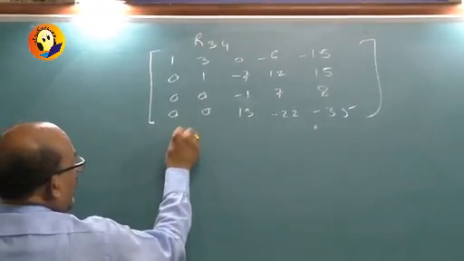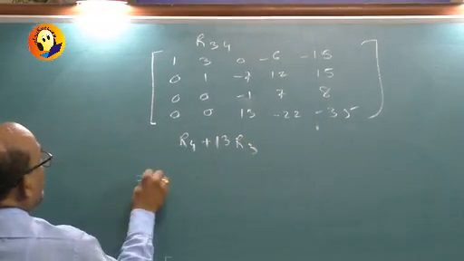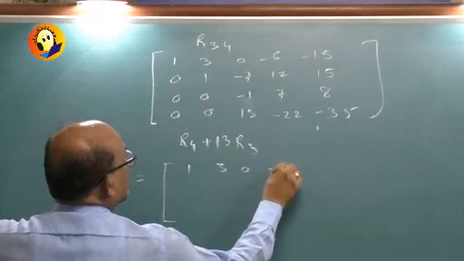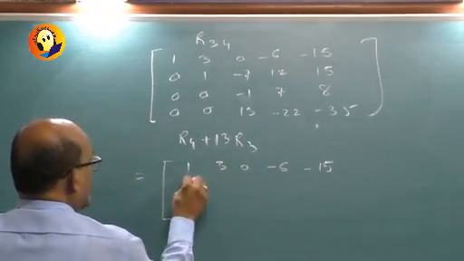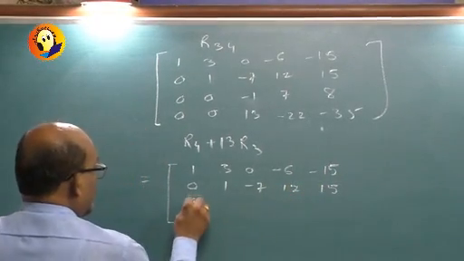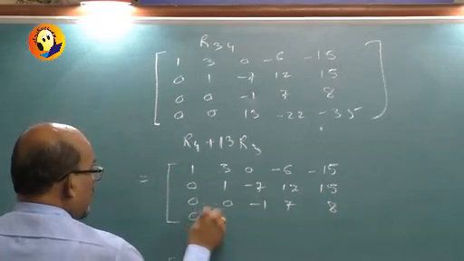And it will be R4 plus 13 times R3. 1 3 0 minus 6 minus 15, 0 1 minus 7 12 15, 0 0 minus 1 7 8, 0 0 0.